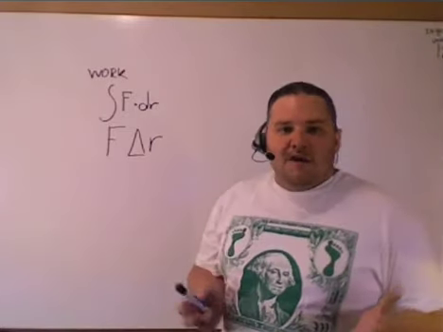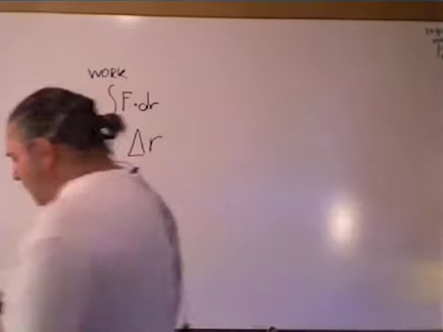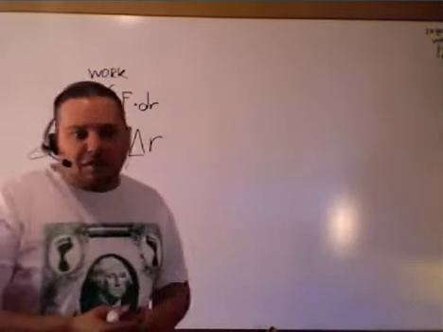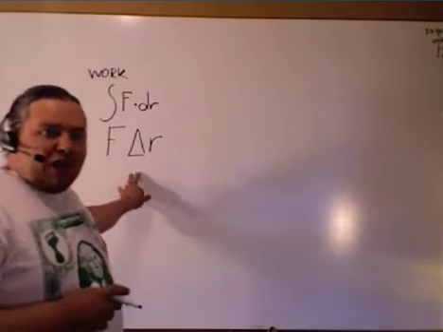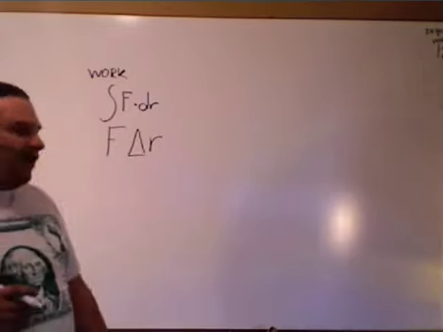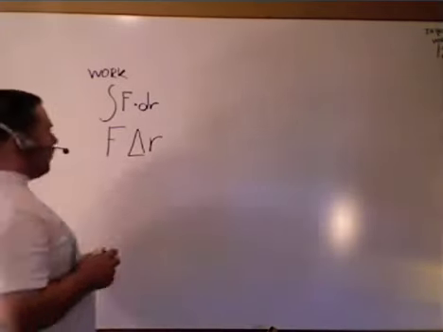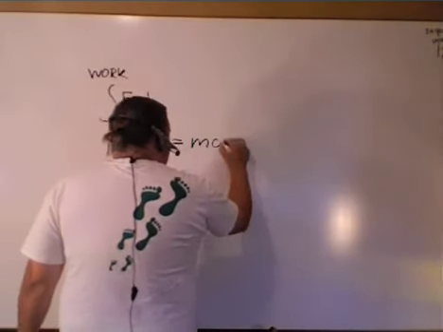Now, to tie that into energy, we have to concentrate on particular forces. The first force, probably the most common force that we use in physics, is the force of gravity, the weight of an object. So when we talk about the work that can be done by gravity, we're talking about the energy associated with gravity. Well, the force of gravity is mg.